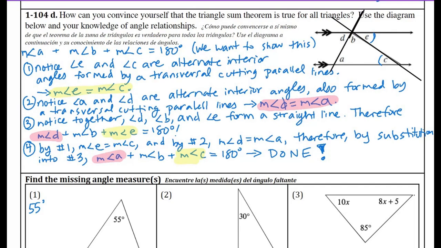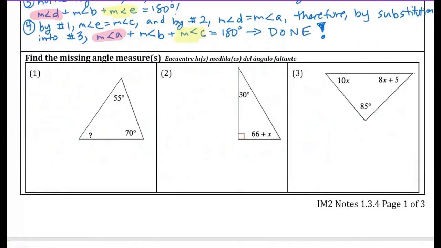We continue. We are to find the missing angle measures in the triangles below. First triangle, we have 3 angles, 1 missing, and I know that the angles together must equal 180 degrees. So I'll add 55 degrees plus 70 degrees plus my question mark to equal 180 degrees.